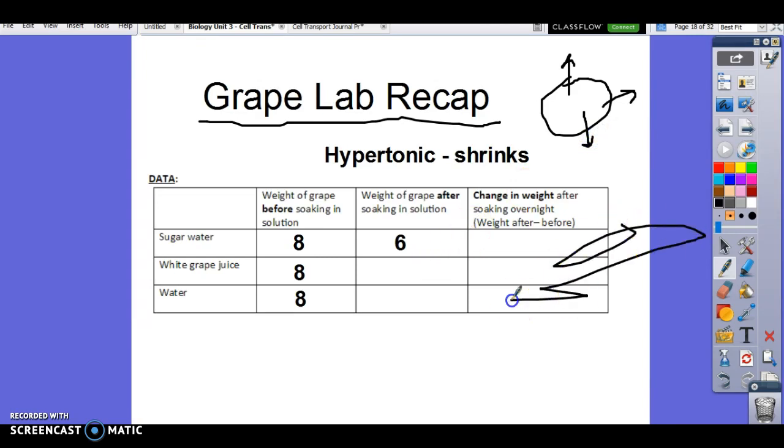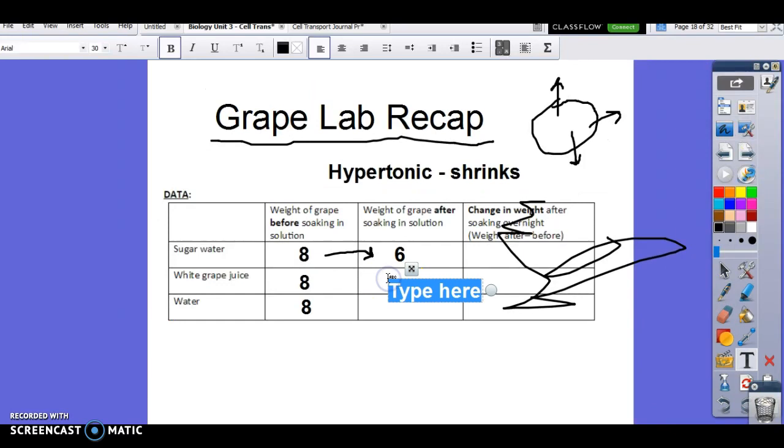The change in weight column, I don't really care about. I just needed you to see that from the first day to the second day, it lost weight. That means it probably lost water and it shrank. So for a lot of you, the sugar water should have been hypertonic. The grape juice, you should have gotten something similar. What are the chances you got the exact same measurement?